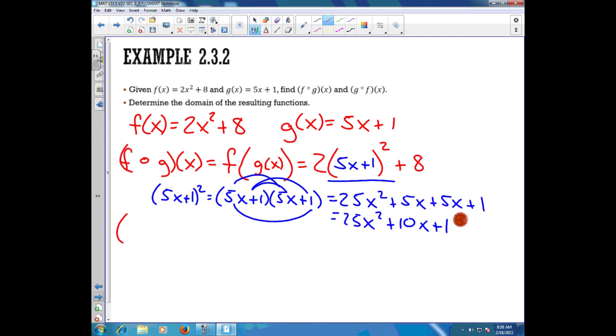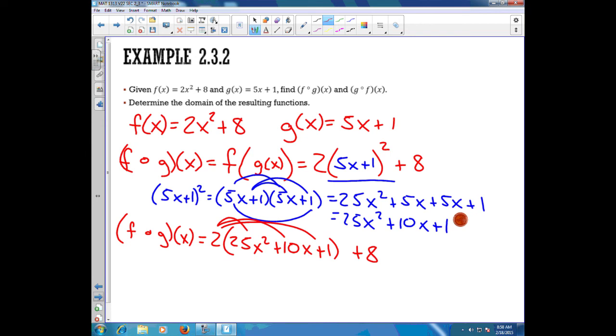Now to find f of g of x, we just have to simplify everything. 5x plus 1 squared is the same thing as 25x squared plus 10x plus 1 plus 8. So now we need to distribute the 2. You get 50x squared plus 20x plus 2 plus 8, which just says f of g of x is 50x squared plus 20x plus 10.